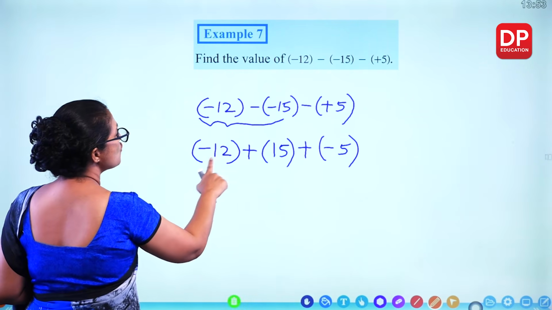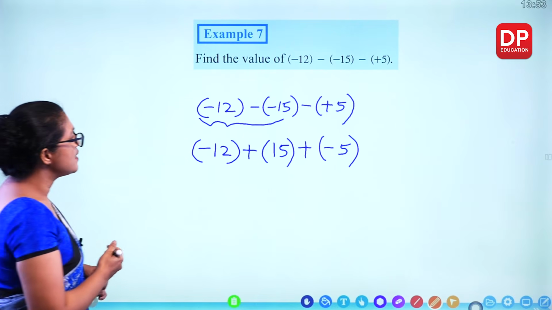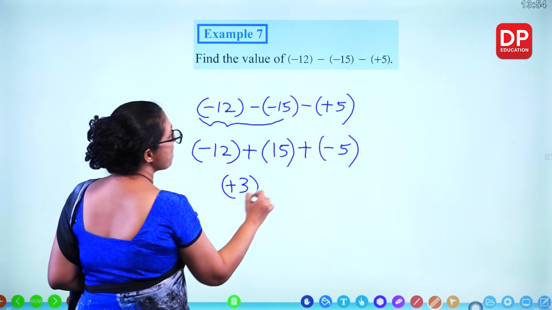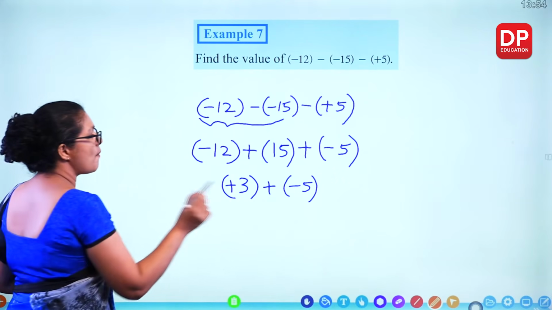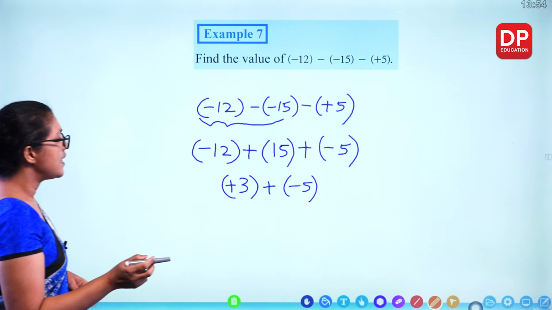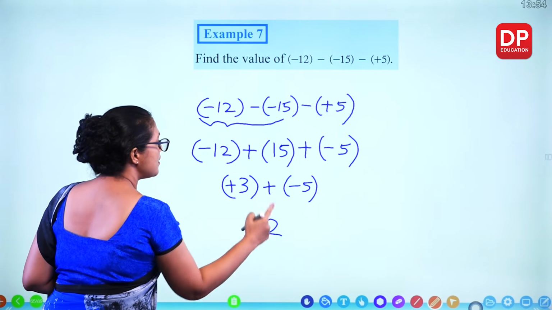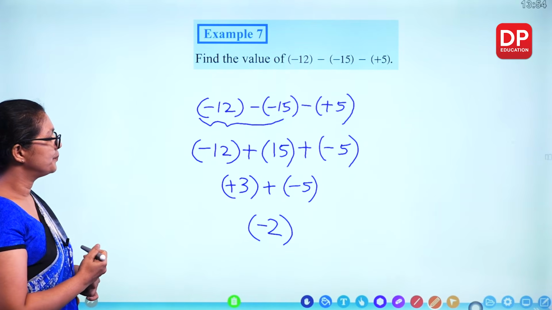Now these two, take the difference. Minus 12 and 15, take the difference. You get 3, that's positive. Now again consider this one now. One is positive and one is minus. You take the difference. Difference is 2 and the bigger number is minus. You get minus 2.